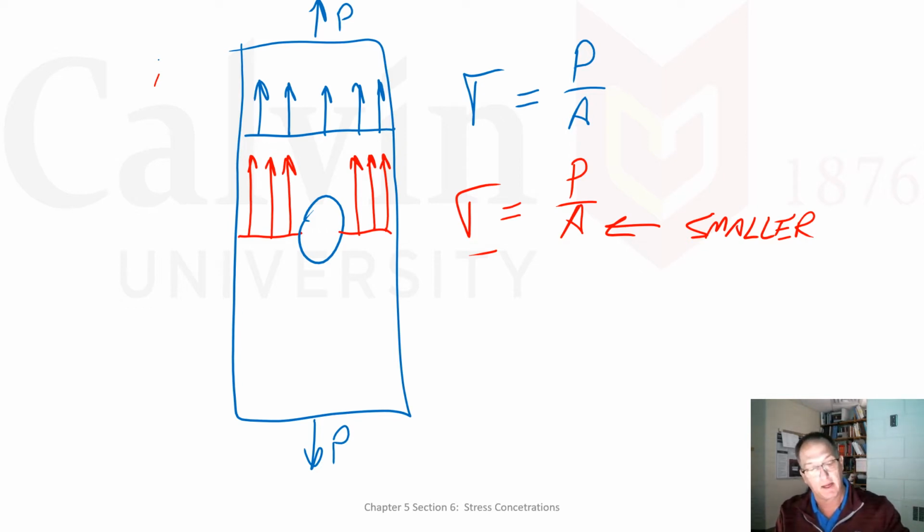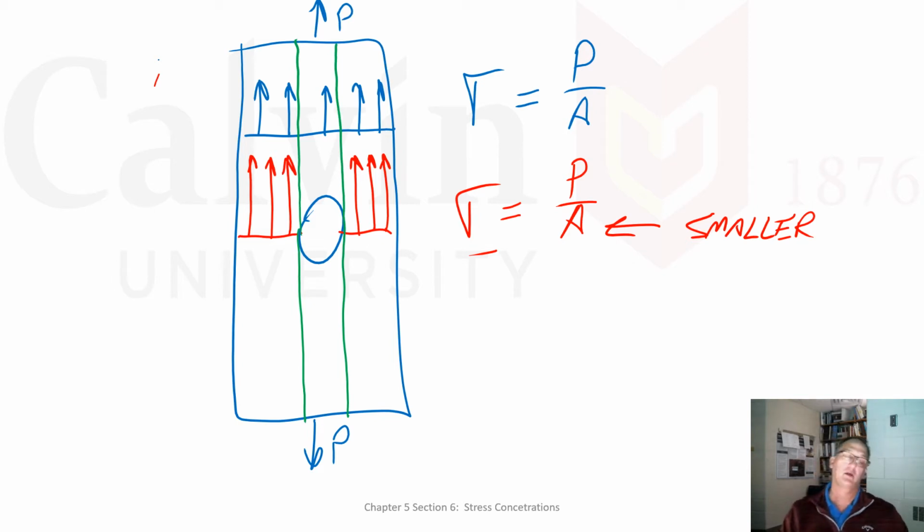Let's segment my plate like this, and let's say that all my stresses have to play in their lane. Well, if the stresses don't shift left and right, then where does that stress go? And that becomes the problem. How do I shift these stresses left and right and figure this out?